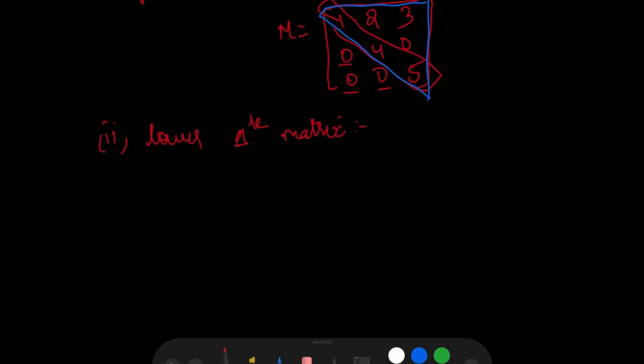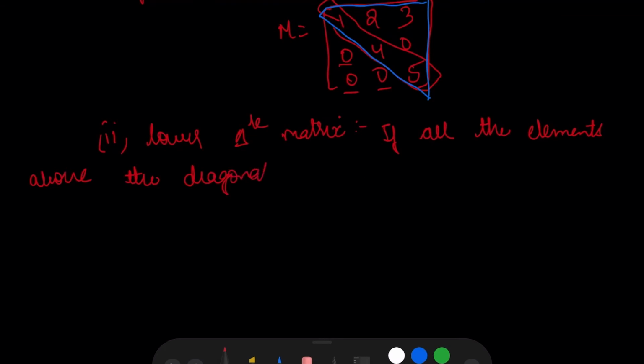If all the elements that are present above the diagonal are zeros, then these types of matrices are called lower triangular matrices. So let us take an example.